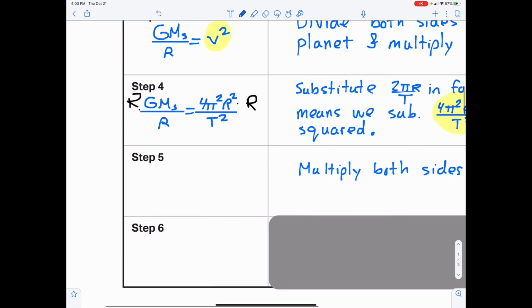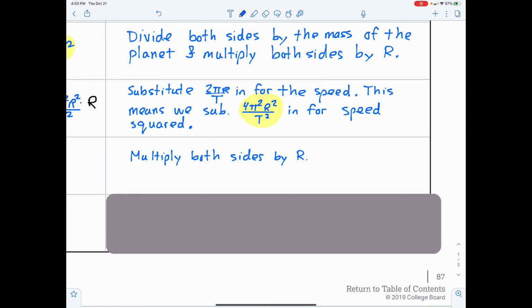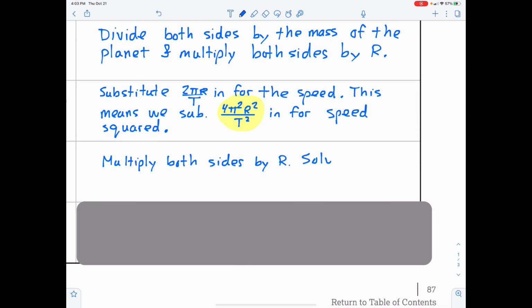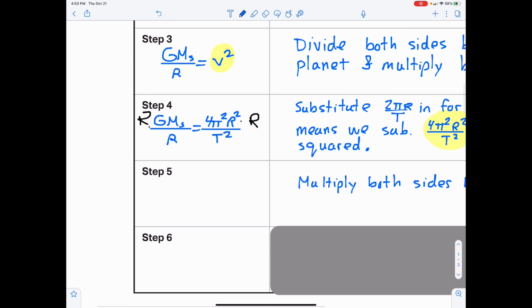We're also in step 5 going to swap and solve for t squared. So G times the mass of the sun equals 4 pi squared r cubed over t squared.